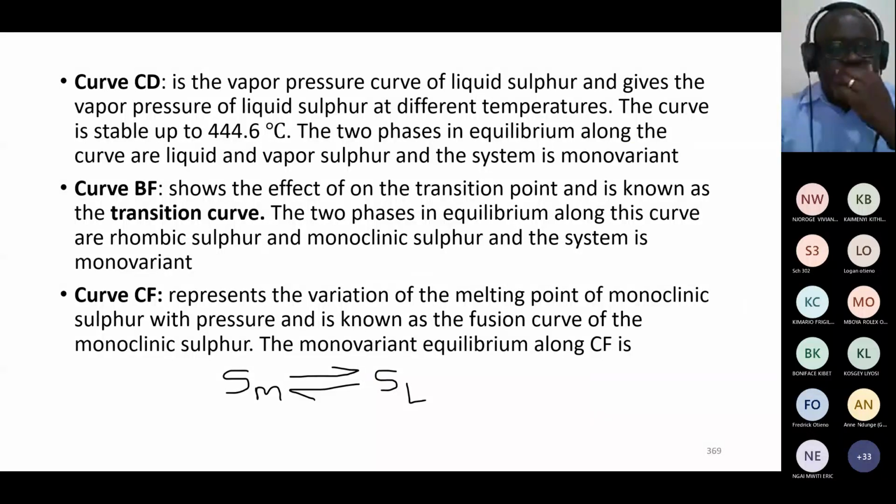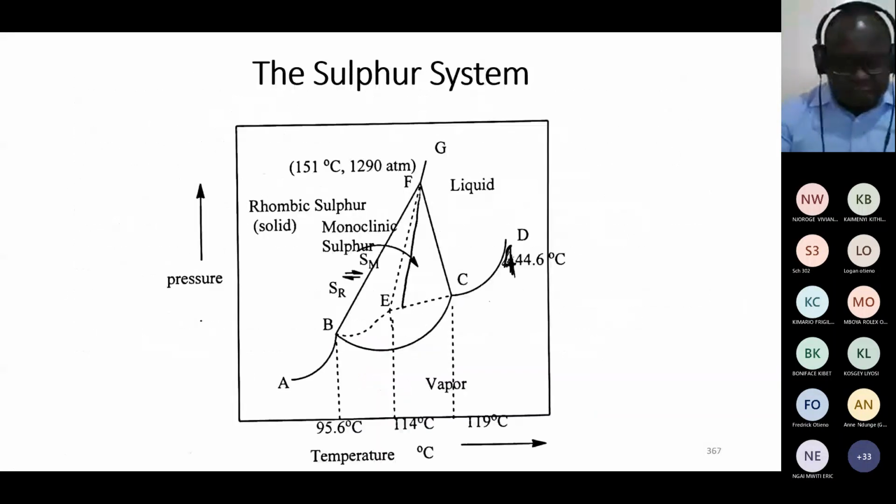Consider another curve, CD. That is this line here, CD. So here you have the liquid sulfur being at equilibrium with the sulfur vapor. So essentially, this is the vaporization curve.